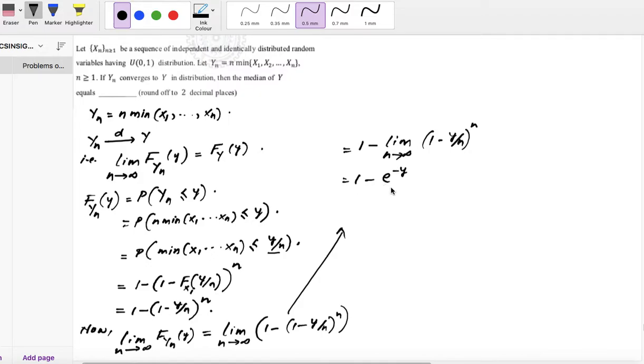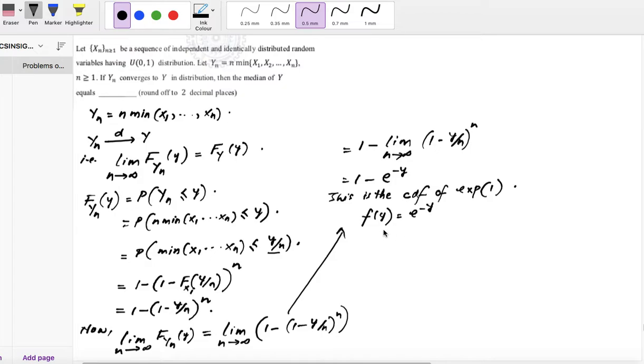This is the CDF of an exponential distribution with parameter 1. This means F of y is equal to 1 minus e to the power minus y.